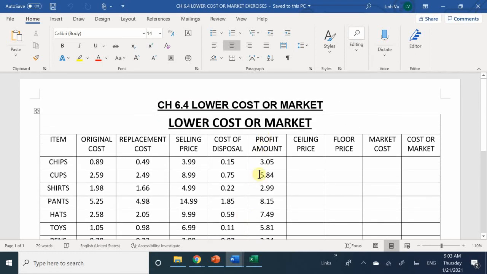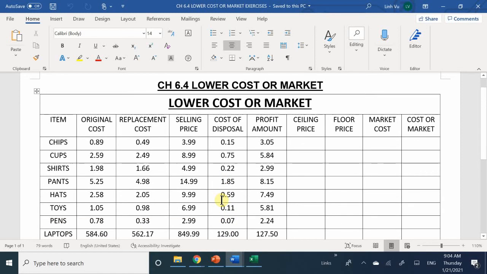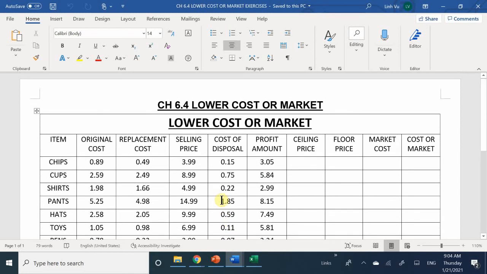What matters is your profit amount. You can determine the percentage by taking the selling price and subtracting the profit amount, but in this case, I don't care about the profit percentage. All right, let's get started.